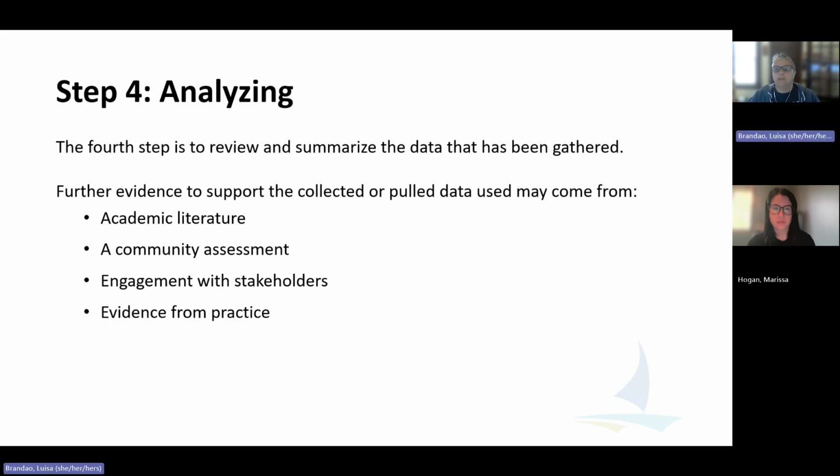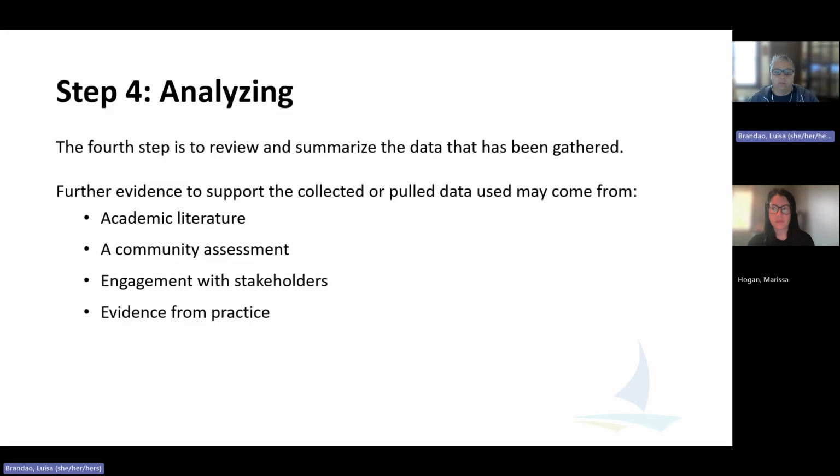So, but let's say that we've executed, we've now collected, we have maybe 6 months of data that we've collected, or we have a year of data that we've collected. And so at this time, we're ready to analyze more in depth and to review and summarize so that we can then share it with people. And in that step, you may also look at other sources of information that will support what you are finding.